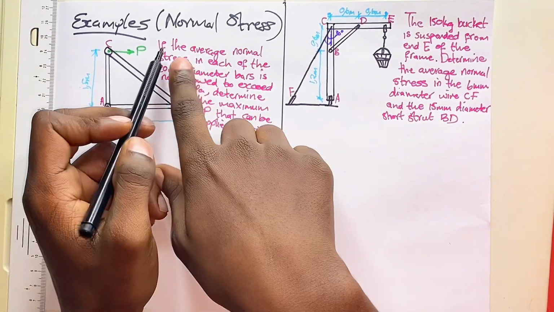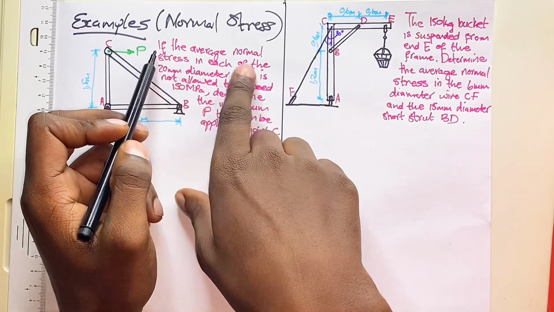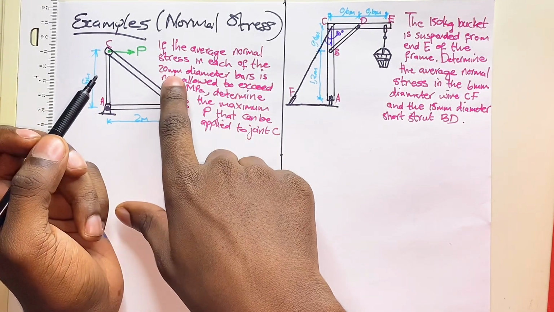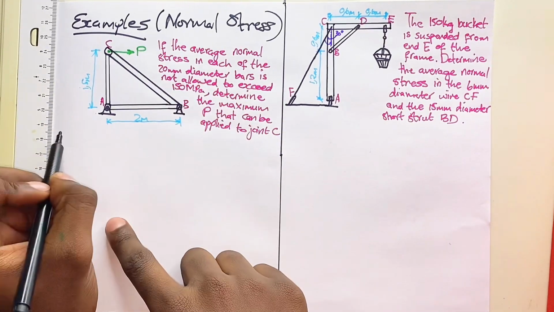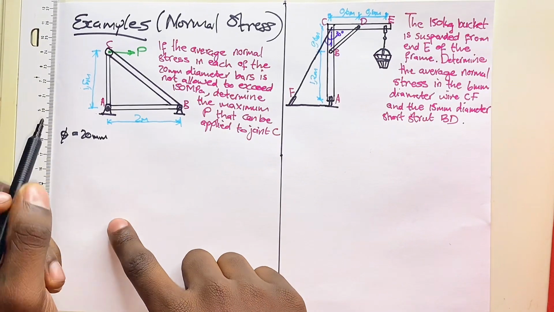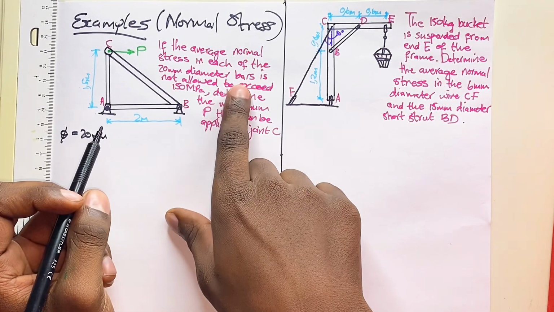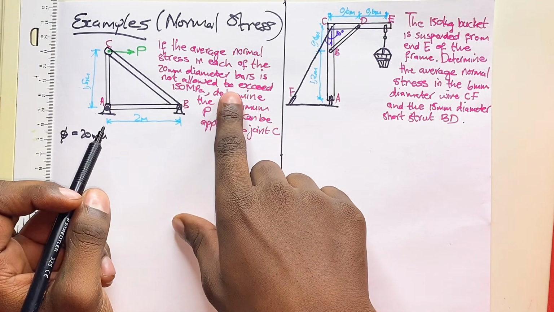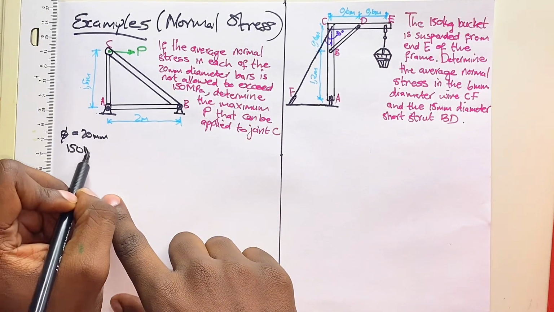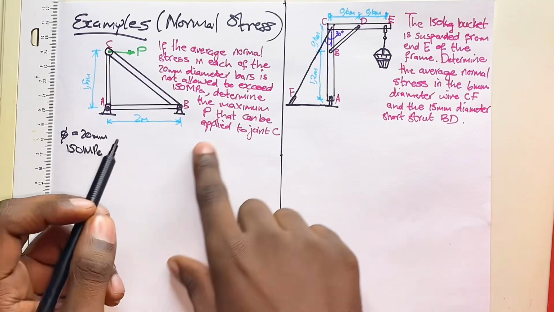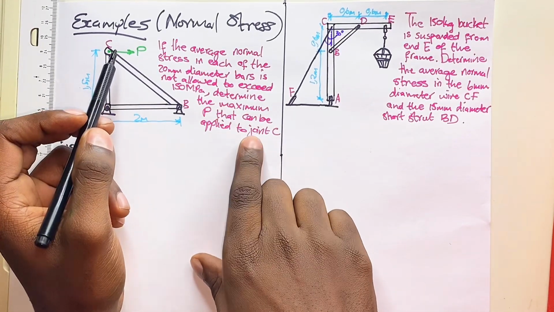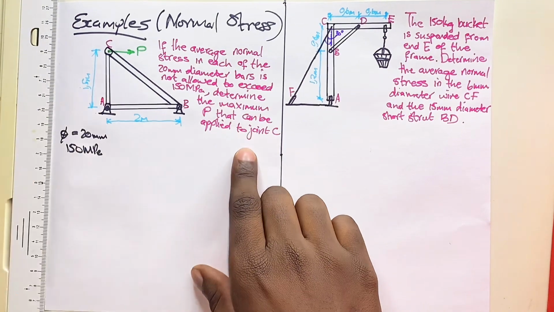Now it says if the average normal stress in each of the 20 millimeter diameter bars, let's write that down and say the diameter of each bar is 20 millimeters, is not allowed to exceed 150 megapascals. Determine the maximum P that can be applied to joint C.